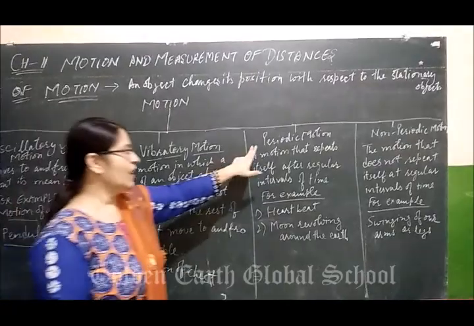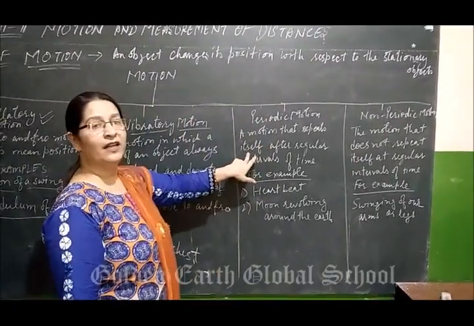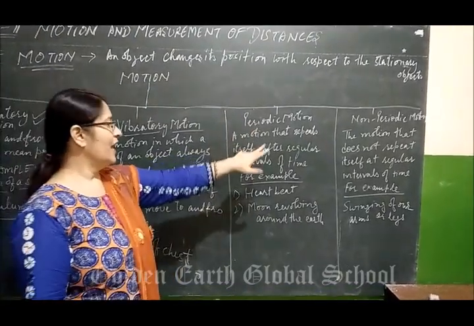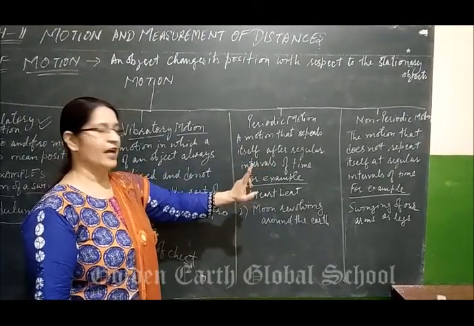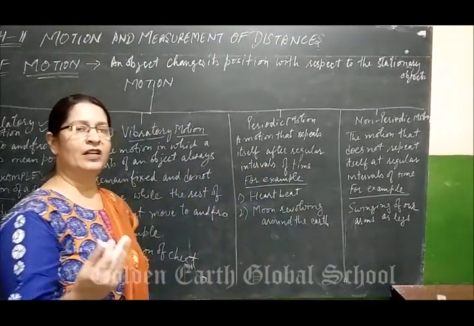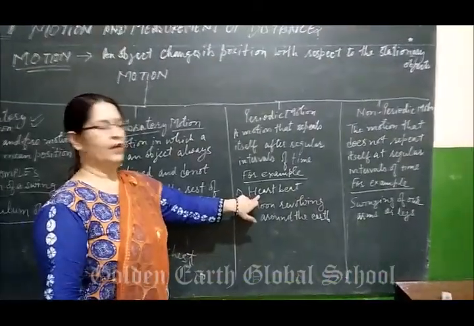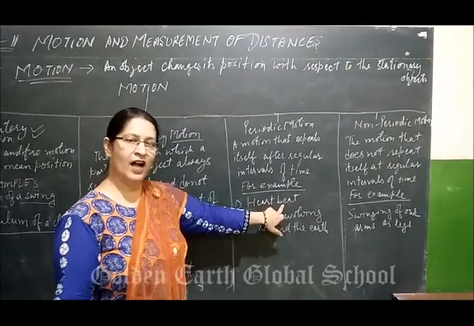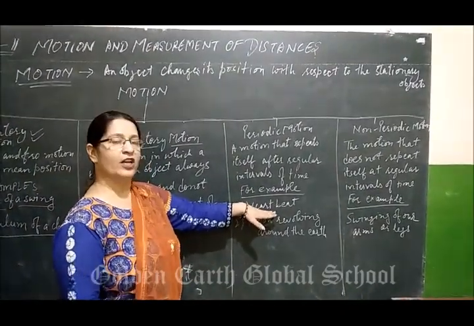Next is periodic motion, a motion that repeats itself. It is a type of motion that repeats itself after a regular interval of time. For example, heartbeat. We know that our heartbeat is 72 times per minute, so it is a periodic motion.